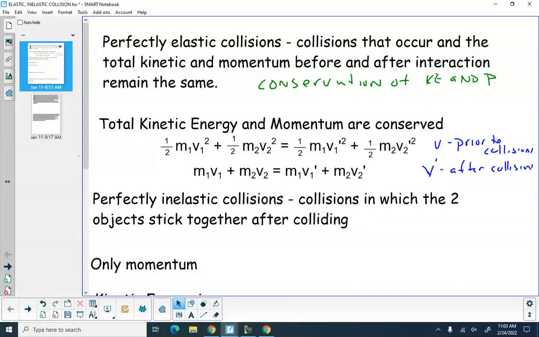Perfectly inelastic collisions are collisions in which two objects stick together after colliding. They stick together after colliding.